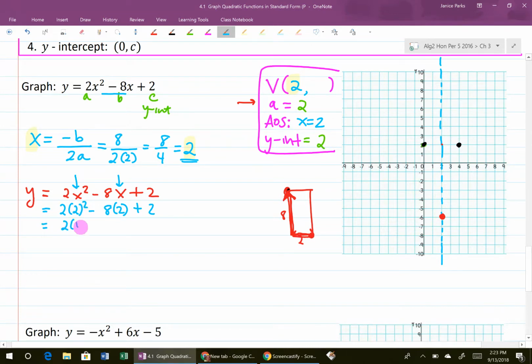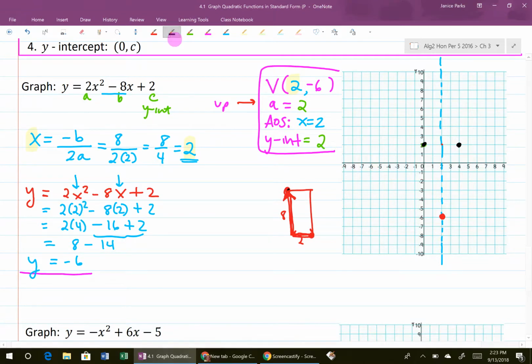So that's going to be 2 times 4 minus 16 plus 2, which is 8 minus 14, which is negative 6. So this is the y value of the vertex, which I've kind of already shown you. But if you don't know how to figure that out by going backwards, again, that's over 2, 2 squared times a is 8. Instead of going up, we must go down because the vertex has to be below because this parabola is going up.